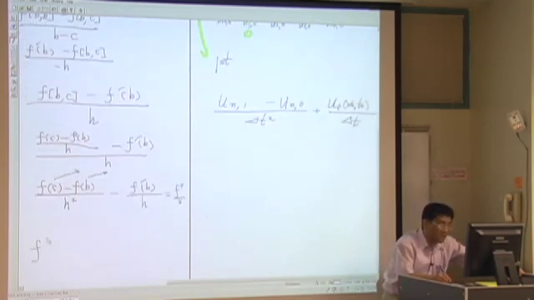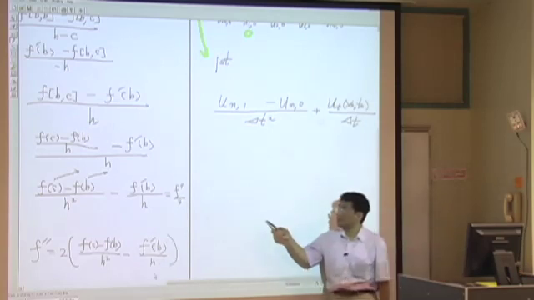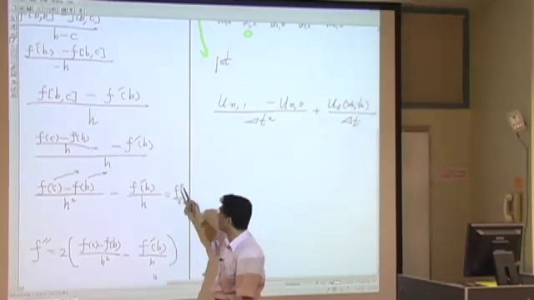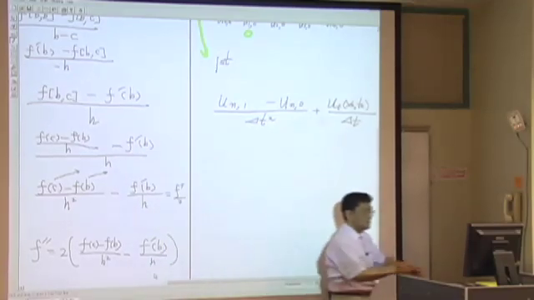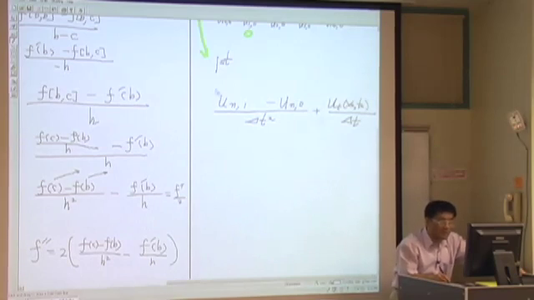The second derivative is 2 times (f(c) minus f(t)) over h squared minus f prime of t over h. Okay? Because the derivative over 2 is this one by definition. So this thing multiplied by 2 is the left-hand side.